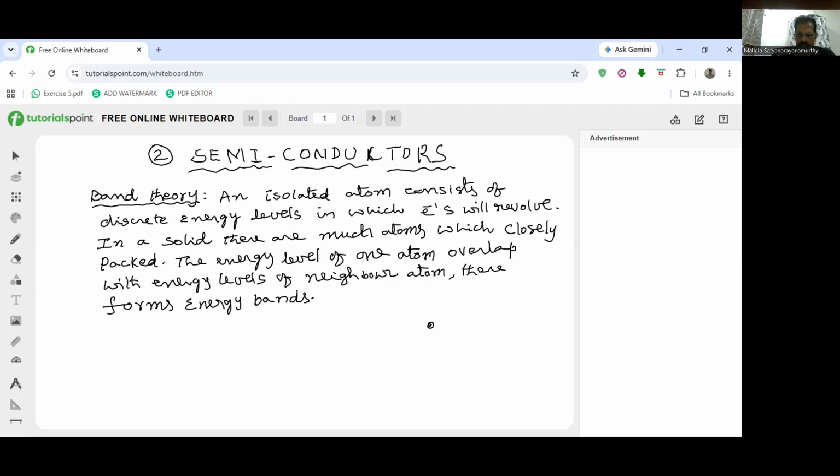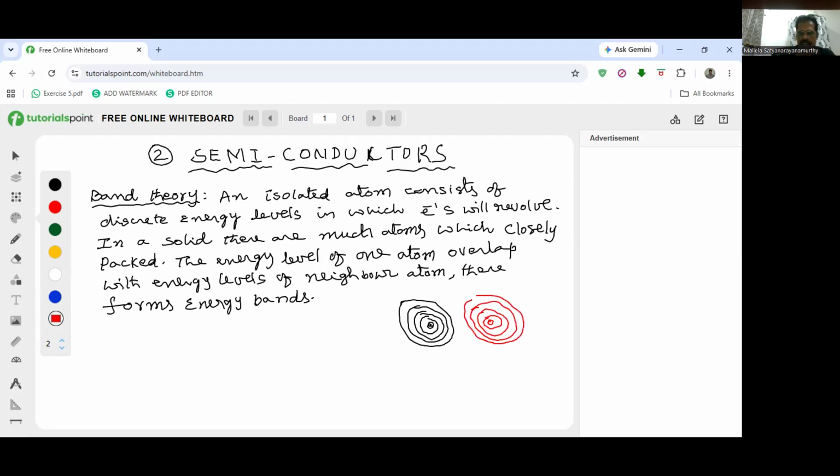So see, this is one atom. These are the energy levels of one atom. See a neighboring atom here. This is the neighboring atom in the solid. These are the energy levels of this neighboring atom.